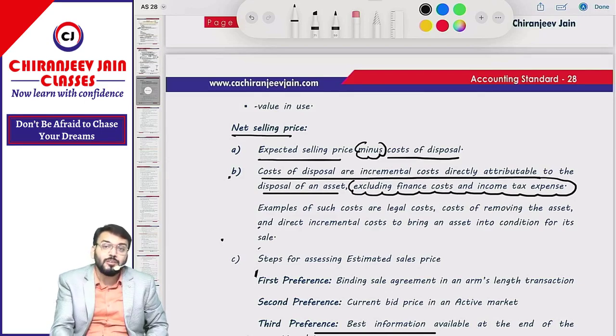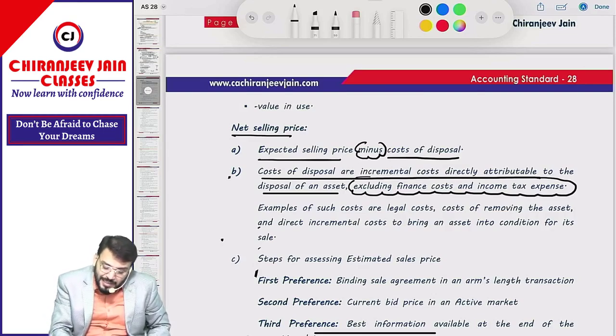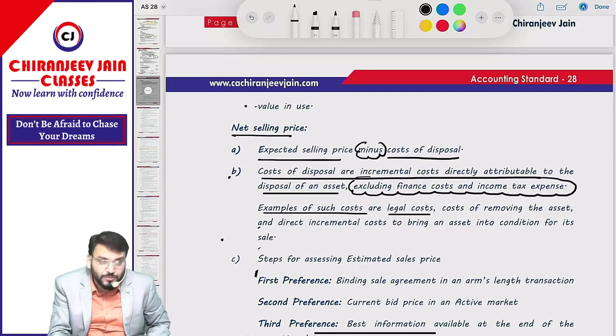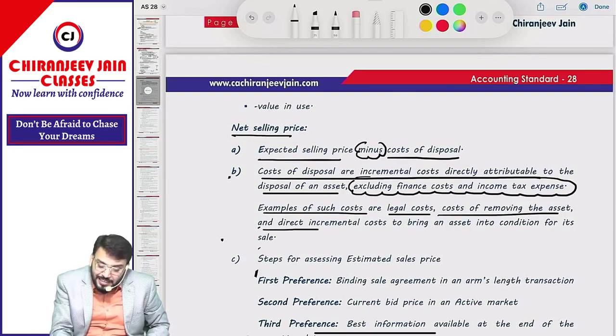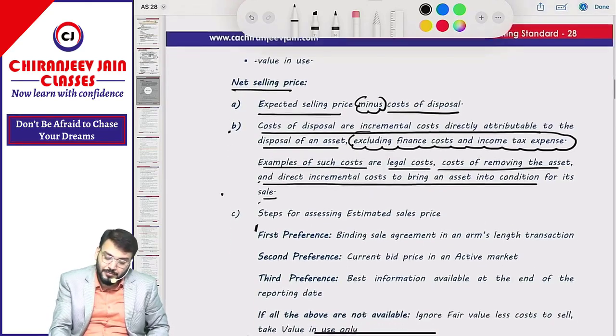Examples of such costs are legal cost, cost of removing the asset, any direct incremental cost to bring the asset into condition for its sale.